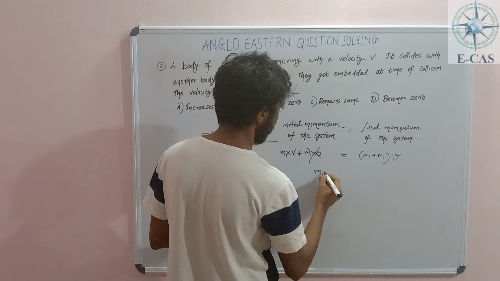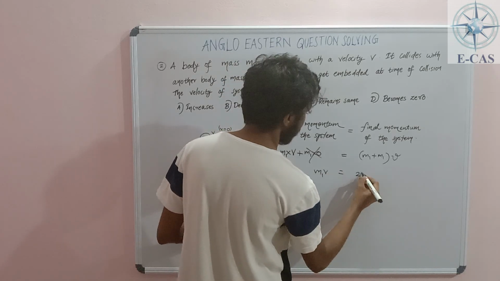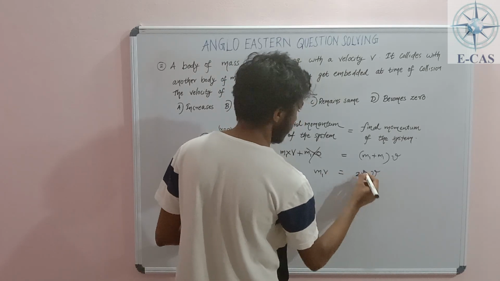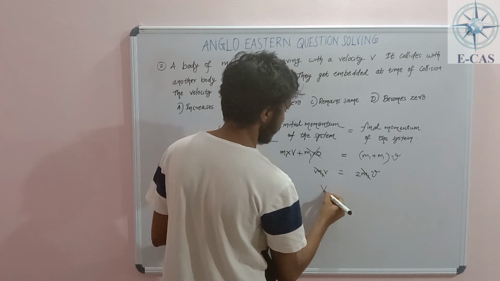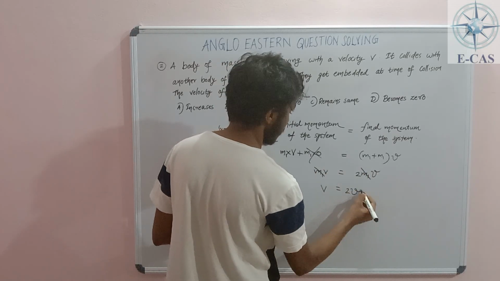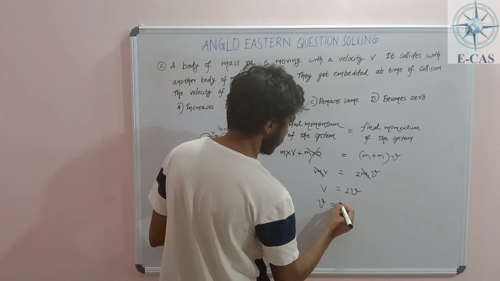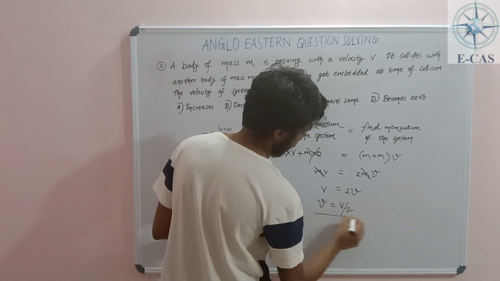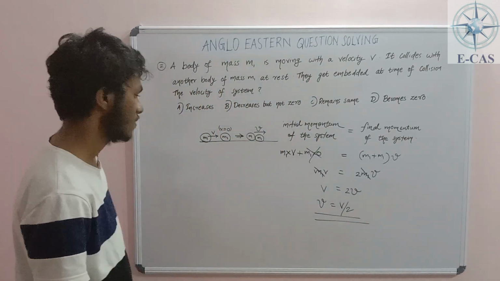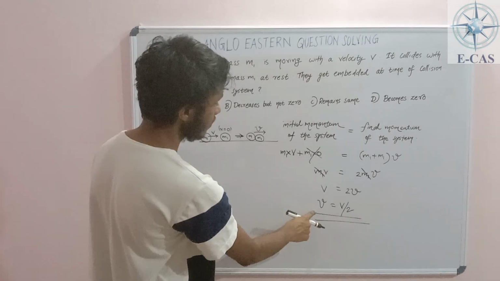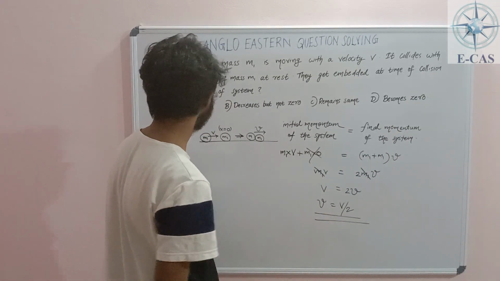So m1 into v equal to 2 times m1 into V. m1 m1 cancel. v equal to 2V. V is equal to v by 2. The value of the new velocity is v by 2.